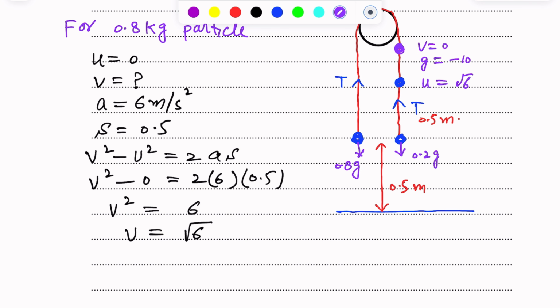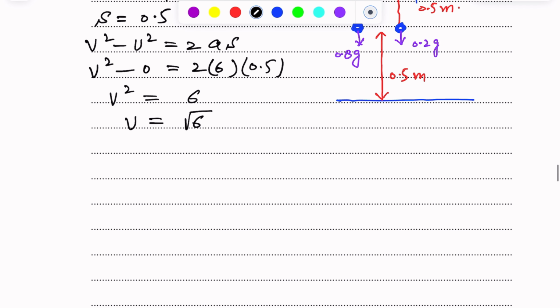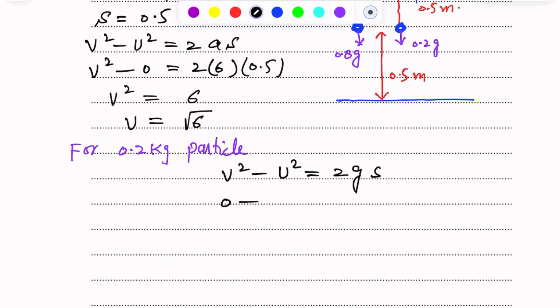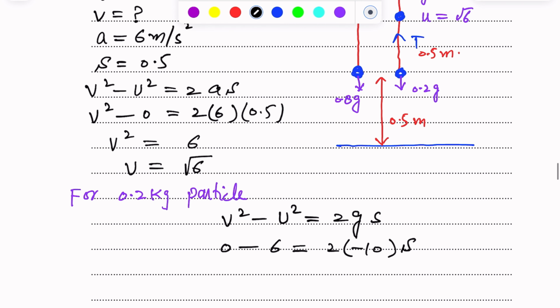We are using this equation for the 0.2 kg particle: v square minus u square is equal to 2gs. v square is 0, initial speed u square, root 6 square, that becomes 6. 2 and g is minus 10, and s we have to find, that is the height.